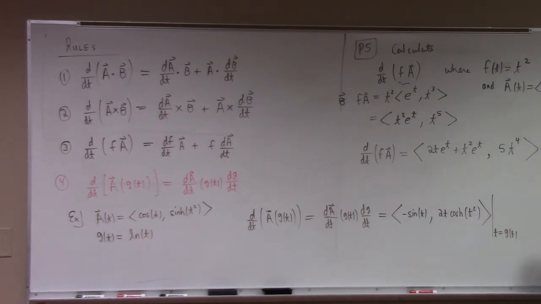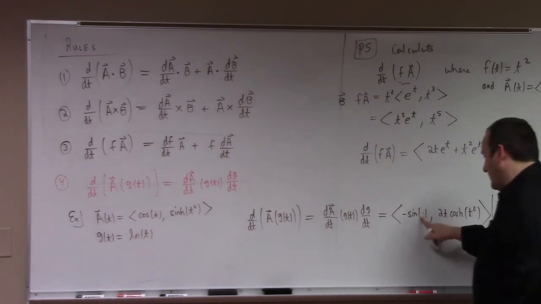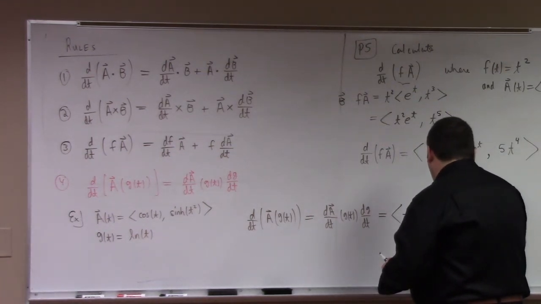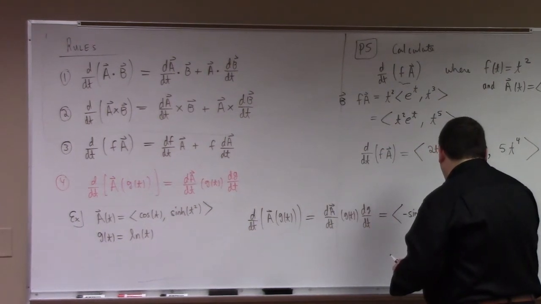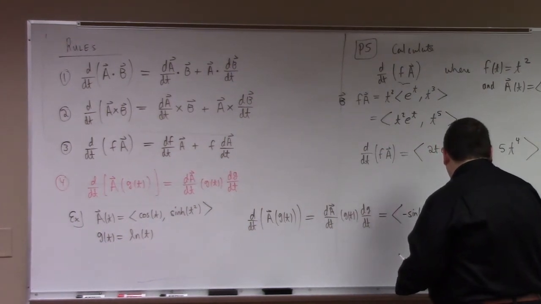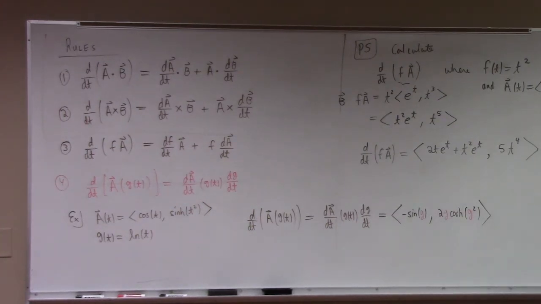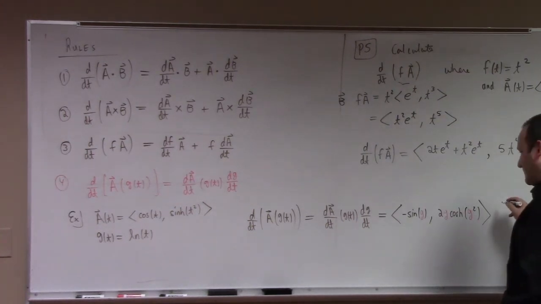So let me do it instead of putting t there. What should we put? We usually put g, right? So we should put g because we're supposed to evaluate the inside function g. And then multiplied by the derivative dg/dt, whatever that is.